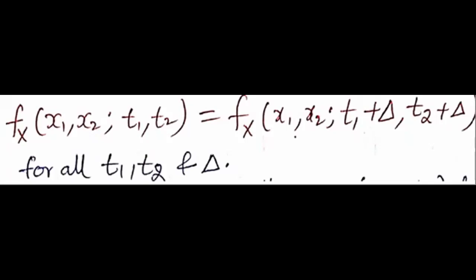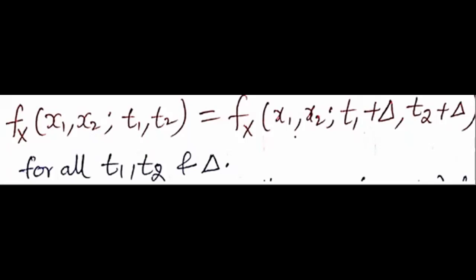What is the consideration here? We are considering two random variables x1 and x2 for a random process x of t. These two random variables are defined at the time intervals t1 and t2. Then the autocorrelation function is given by the formula.